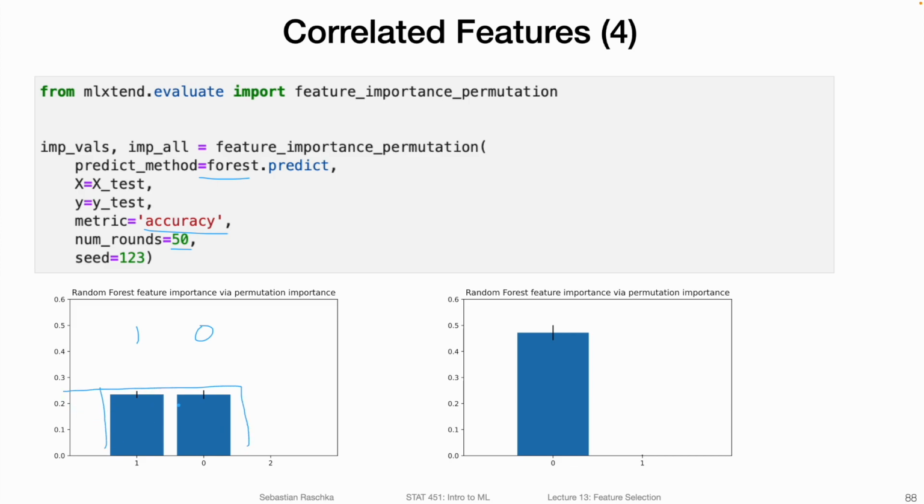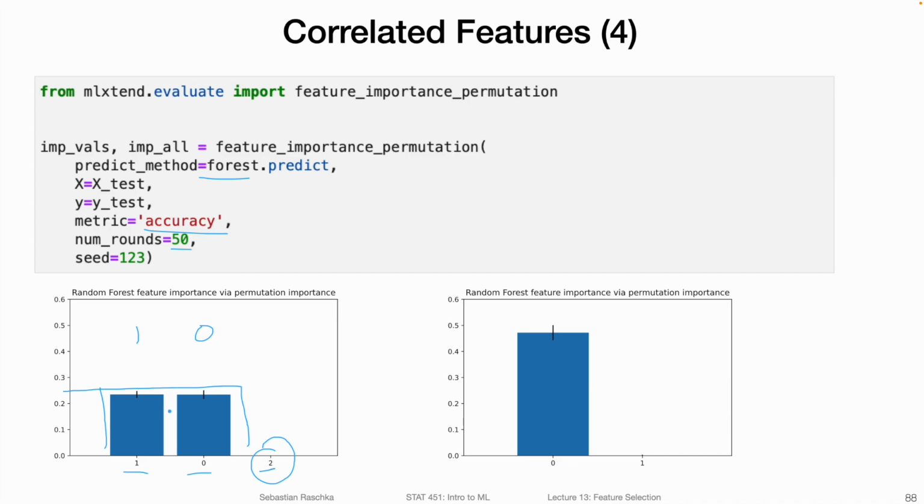So they have exactly the same feature importance, and the random feature, feature index 2 here, has no importance, so no drop in accuracy, which is also what we might expect because there is no correlation between the class labels and this random feature that we created. Only those 2 features are meaningful here. And you can see they are sharing the importance here. Both have equal performance drops if we shuffle.